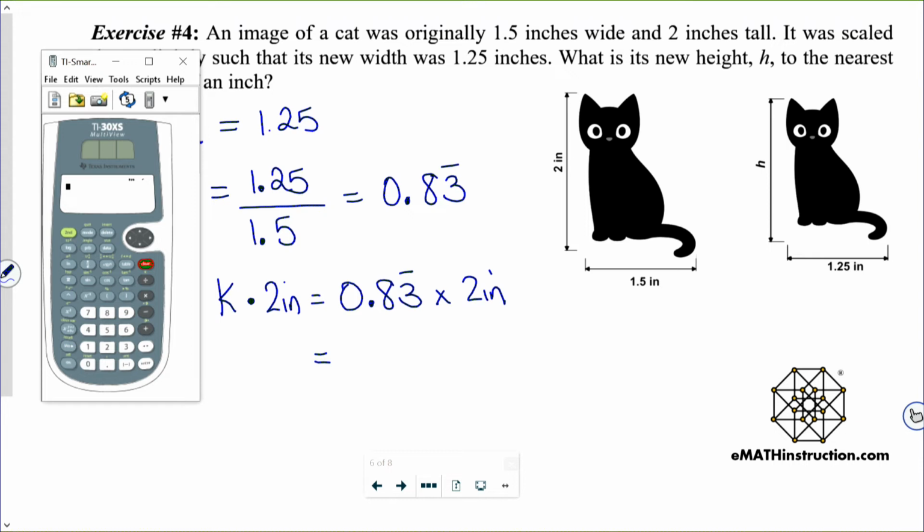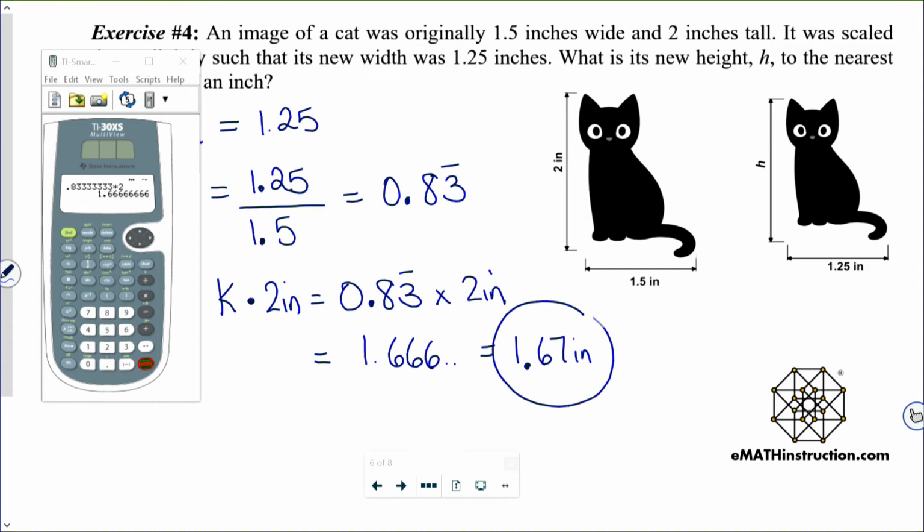I'll just type in a bunch of 3's. That should be good enough. Times 2 equals 1.666 repeated, and that to the nearest hundredth of an inch will be 1.67 inches.